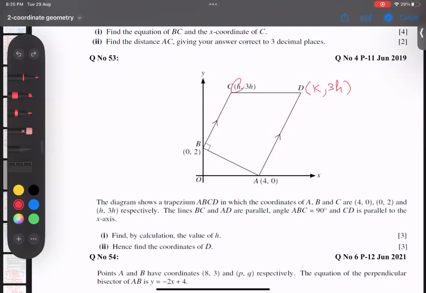I have h, so I can plug in h. If I put h as 2, the D coordinate becomes (k, 6). How 6? Because h is 2, and 3 twos are 6. So at least I have this coordinate.